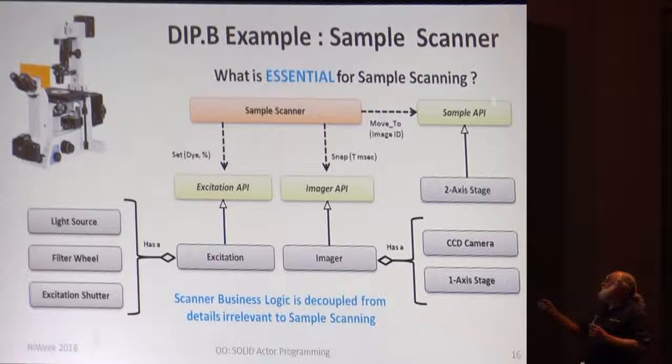So the sample API would move the XY stage to a certain image position, to a certain sample position, not to an XY coordinate. So by asking what is essential and what is not, we essentially defined a set of APIs that make sample scanner reusable on other makes and models. So that's its value. And it's very easy to ask yourself what is essential and what is not.